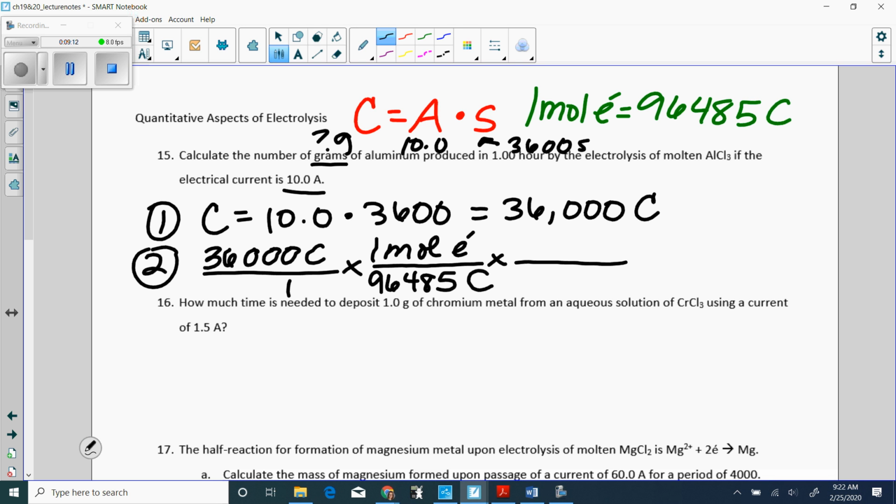Moles of electrons on top means moles of electrons on bottom. The moles of electrons are the invisible number, that n number that you have to figure out from the charge. So we're going to look back in the words, and what I'm using is aluminum.